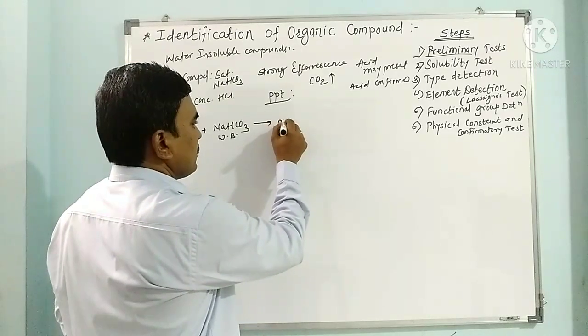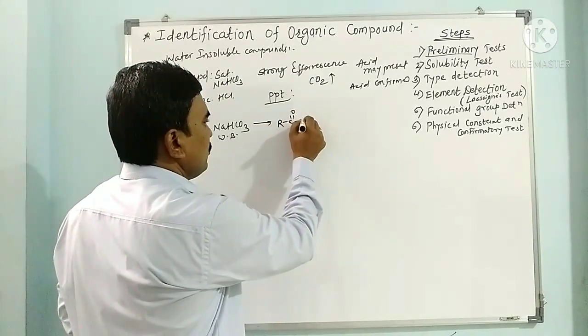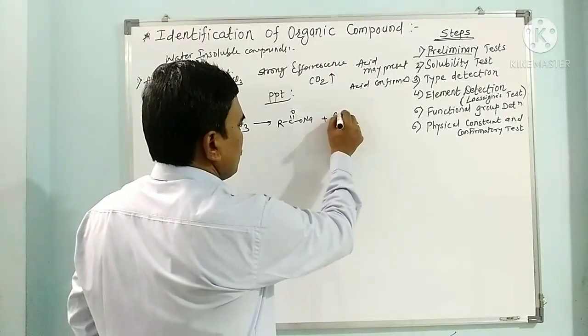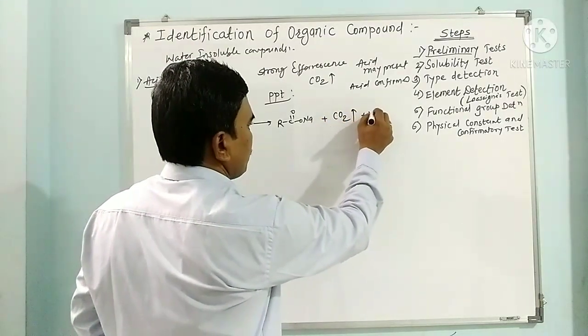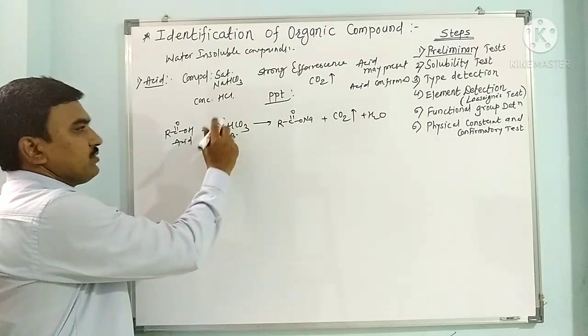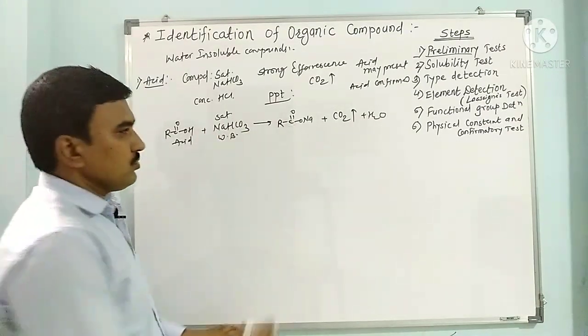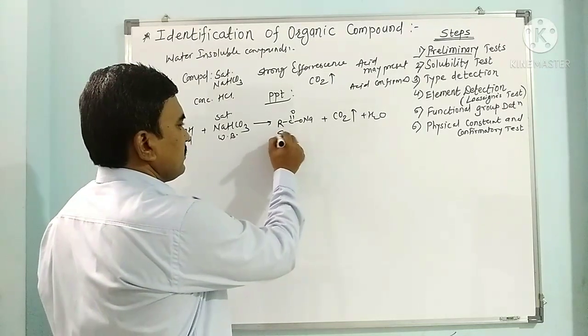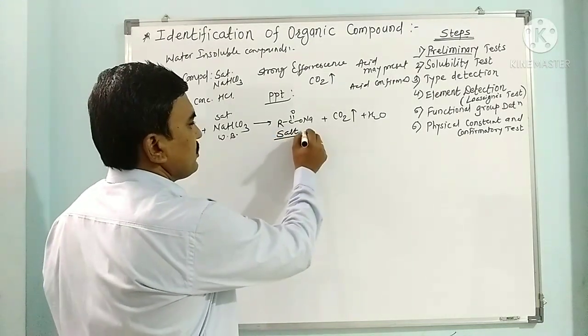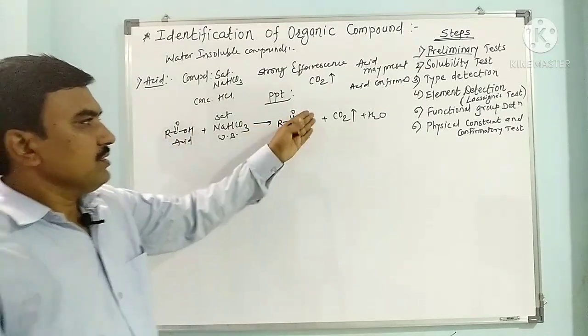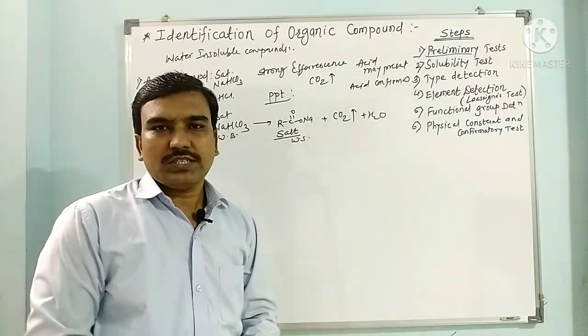So here we get the salt RCOONa, sodium salt of carboxylic acid, with the loss of CO2 gas and H2O. Once we get the salt, sodium carboxylate, all salts are water soluble, so it dissolves in the water and we get effervescence of carbon dioxide.